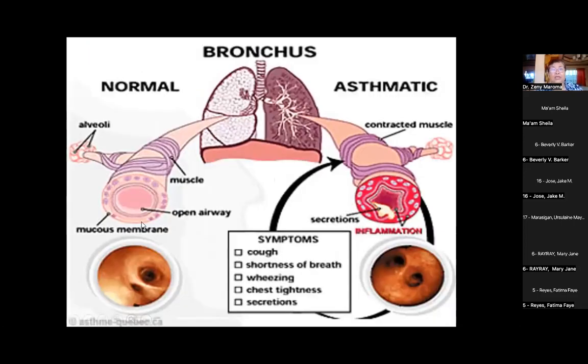So again, andito yung ating normal airway, relaxed ang ating bronchial smooth muscles. And on the right side, there is a bronchospasm, there's bronchial edema, and increased mucus secretion. Kaya yun ang signs and symptoms, there's cough, shortness of breath, wheezing, masakit sa dibdib. Chest tightness, and increase in mucus secretion. Kaya hawak nila ang kanilang dibdib.